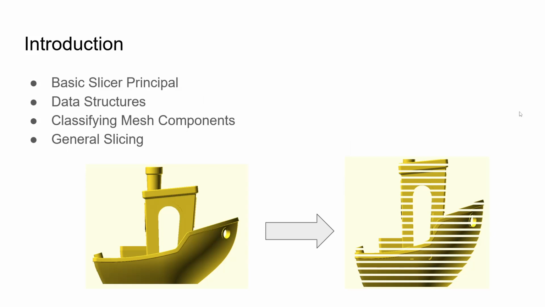Yeah, so just a quick introduction, right? What I want to go over is just the basic slicer principle that was explored in this paper, at least, and talk a little bit about the data structure that was used by the algorithm, and look at some of the steps that the algorithm has to go through in order to work well.